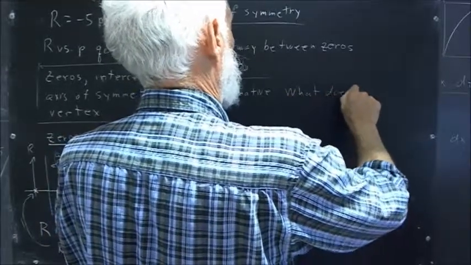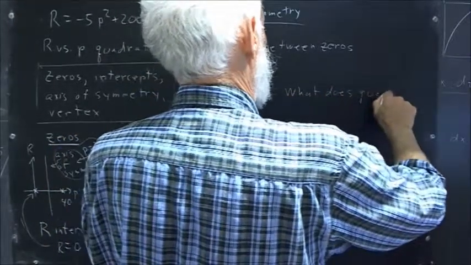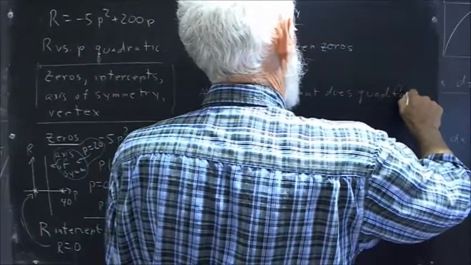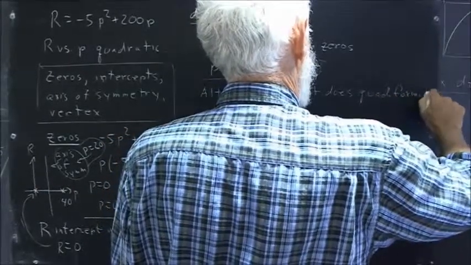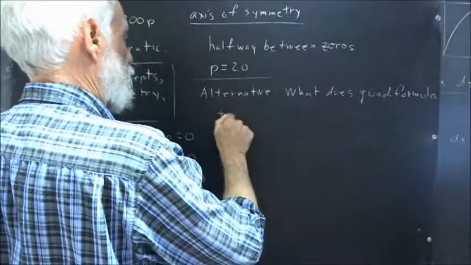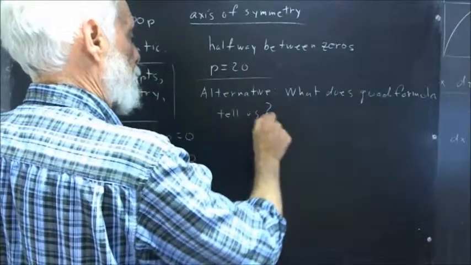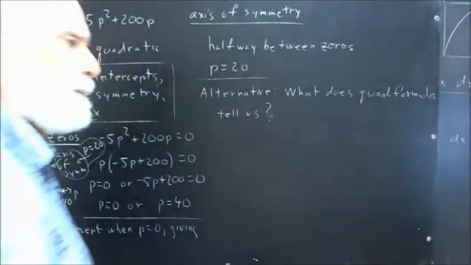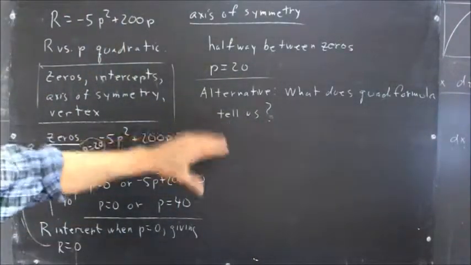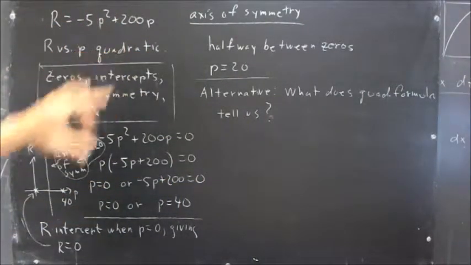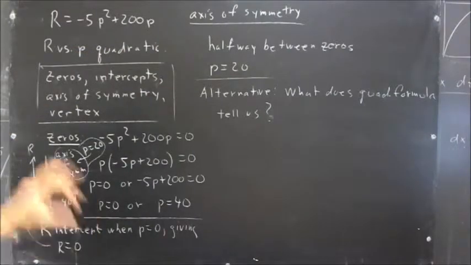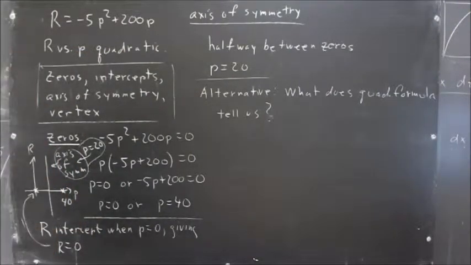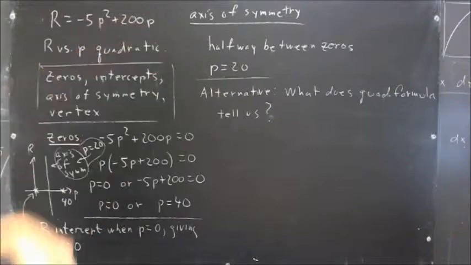What does the quadratic formula tell us? Why don't you see if you can do that? Pause and see. Hopefully you paused and you've thought through what the quadratic formula tells us about this.